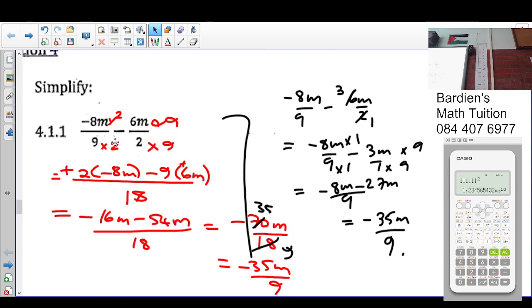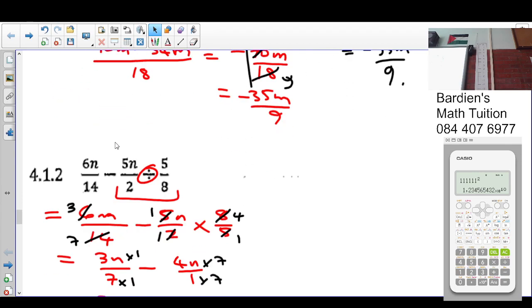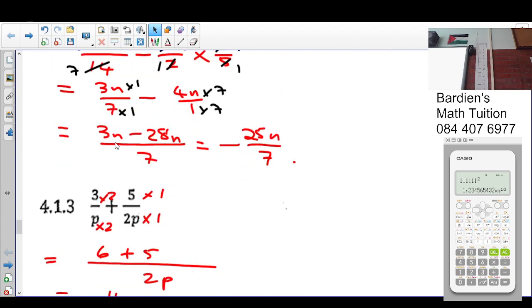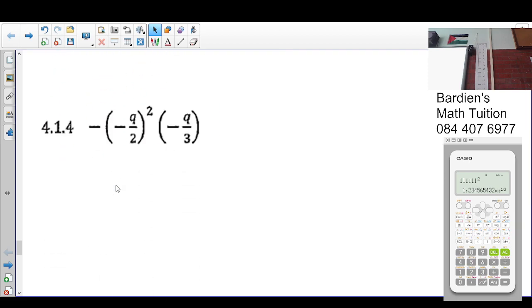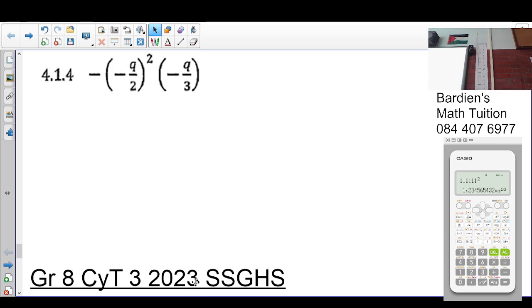So L, M, N. The O looks like a 0. Anyway, as I said, if we treat it as a 9, I marked it accordingly.